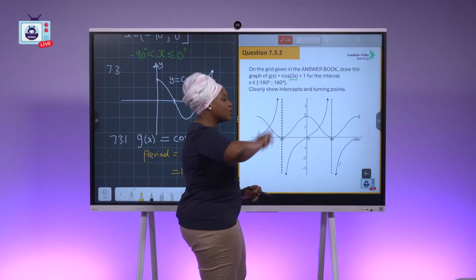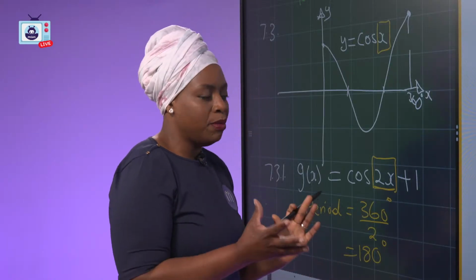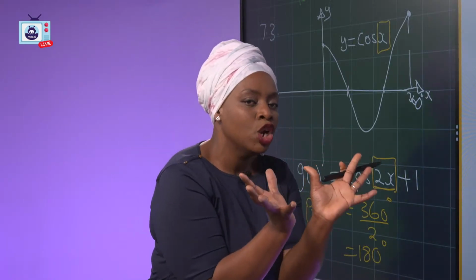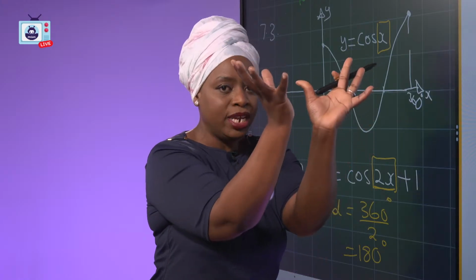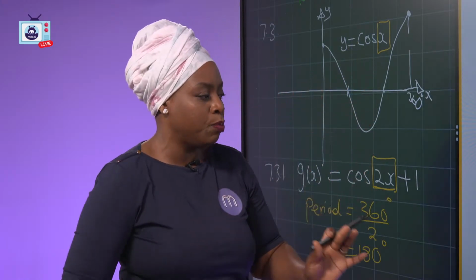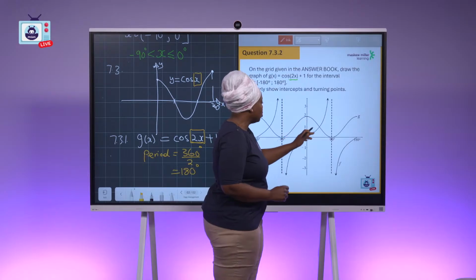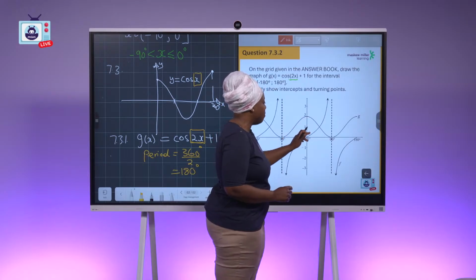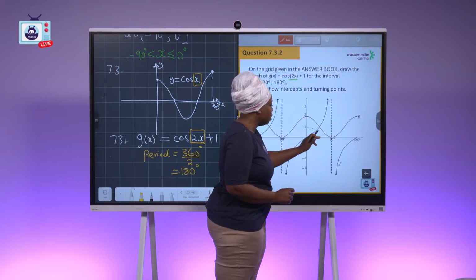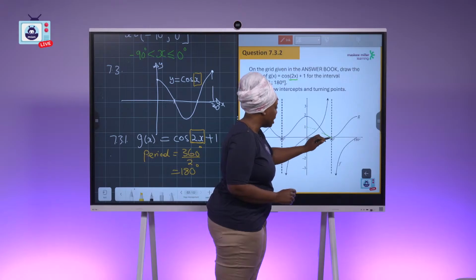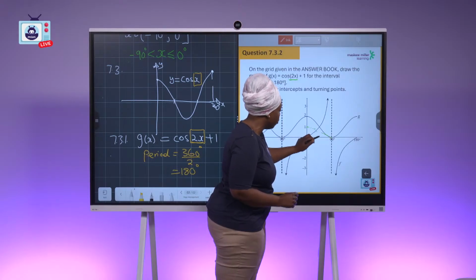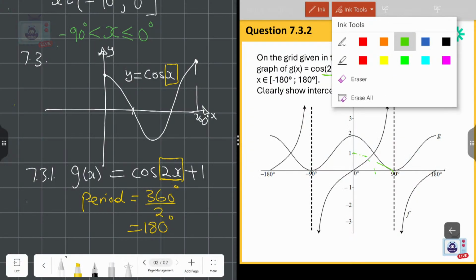But there is plus 1. Plus 1 simply means that the whole graph that I have will just go up 1 unit. So that's the meaning of plus 1. In the normal case, this graph would have started here at 1, and then it goes this way, and then it goes down like this. Let me show you.